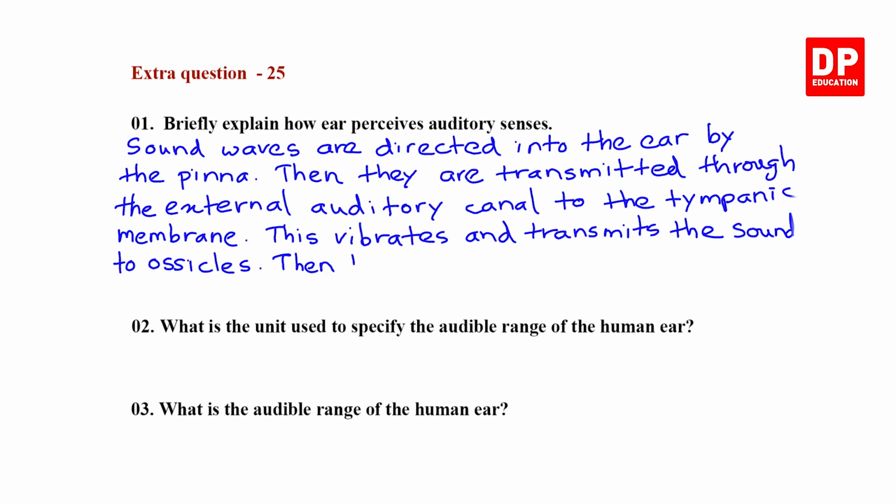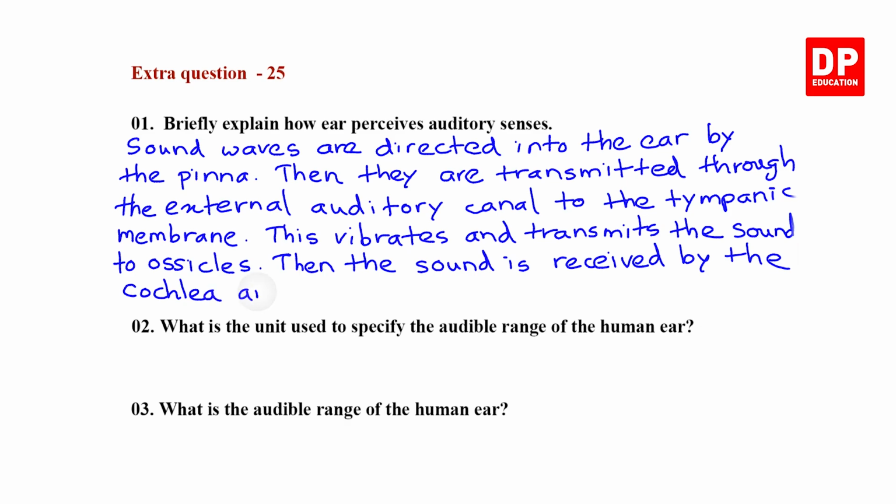Then the stimulus, or we can say sound, is received by the cochlea and transmitted to the auditory nerve.